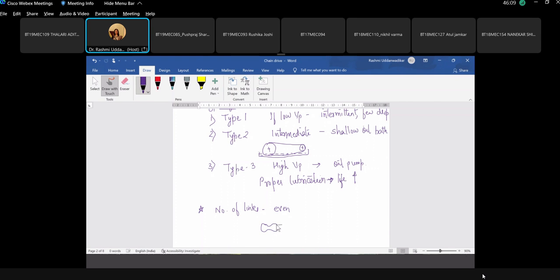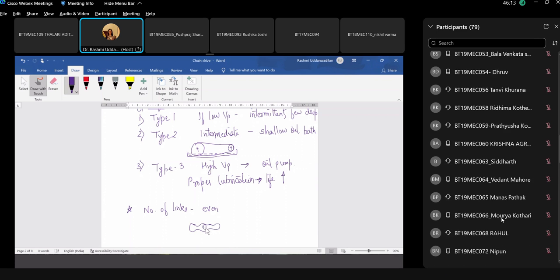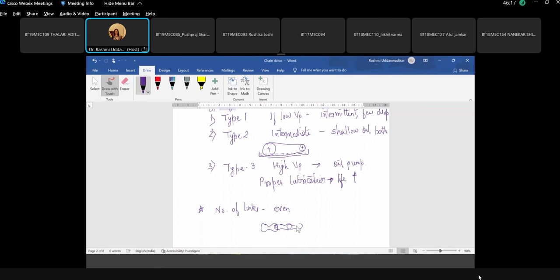This is connecting. Here is the pin. Likewise, here it is connecting. This is the pin here. So connecting these two rollers, this is one link. Again, connecting the next two, you will have one link. So we always get an even number of links.